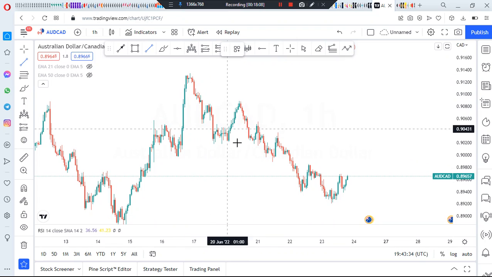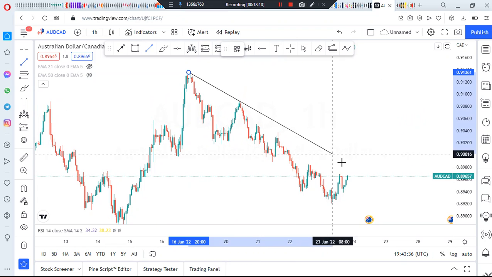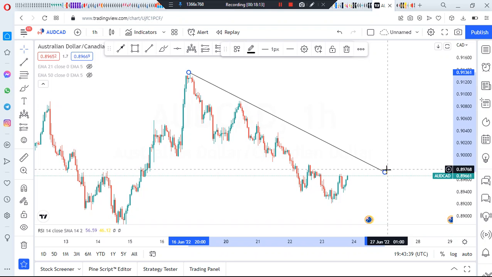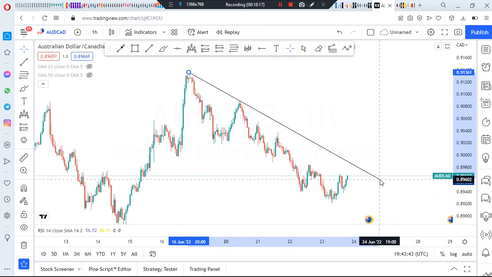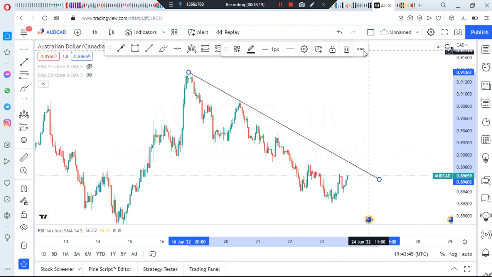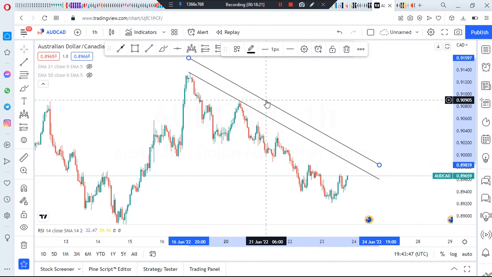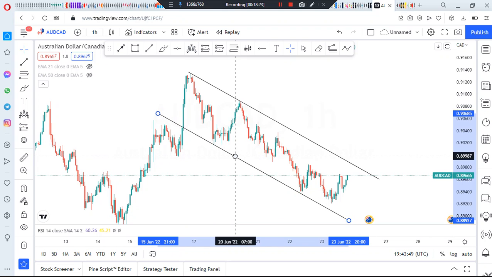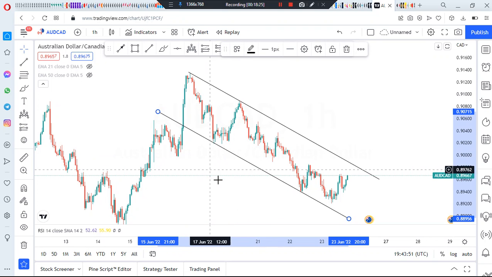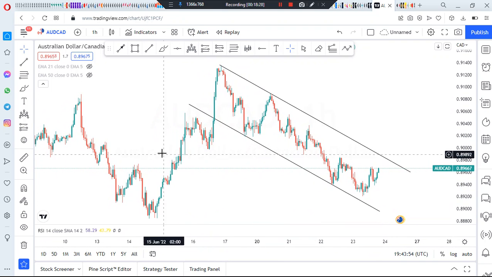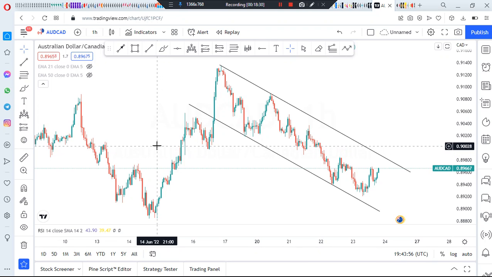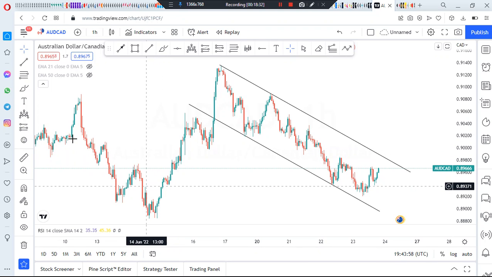Let's see if we can place our trend line around here. Okay, so this is our bottom trend line.